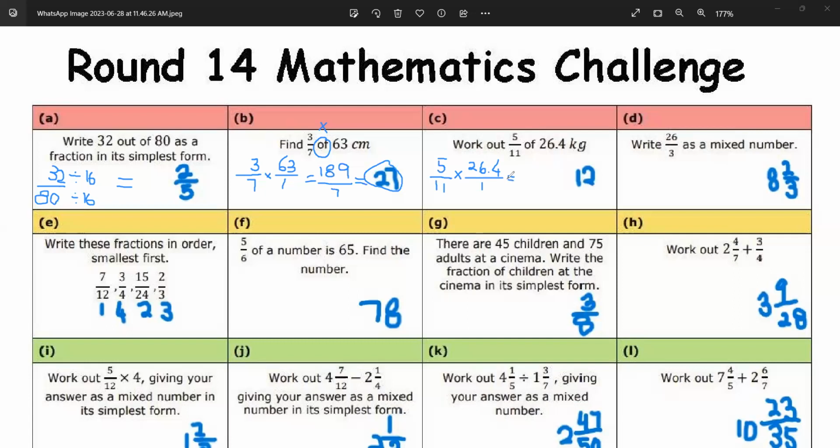So 5 times 26.4 will get 132, and 11 times 1 will get 11. When we simplify it, we'll get 12.